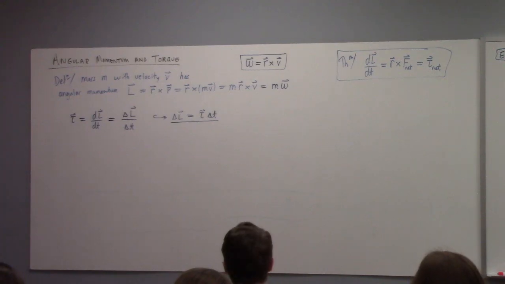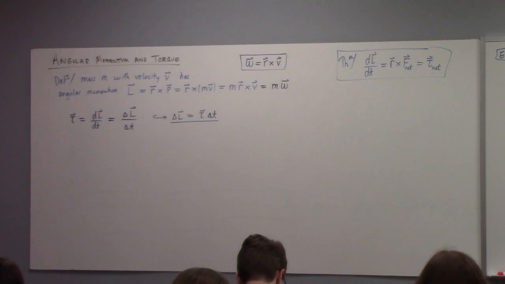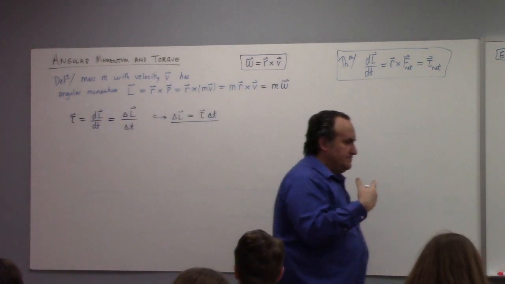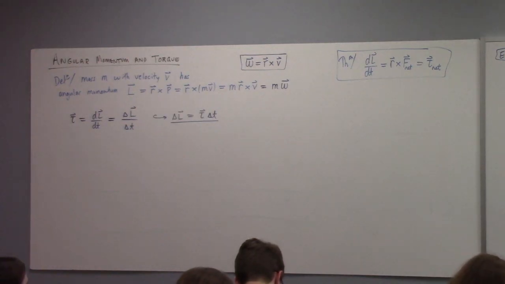So the picture I just erased foolishly showed us that for circular motion, where's the angular momentum? It's not radial. It's along the axis of rotation, right?